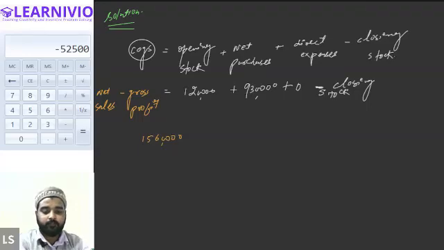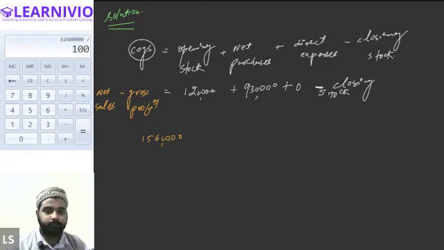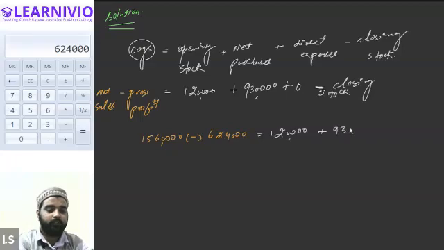That means out of 15,60,000, 40% is the gross profit. That means 6,24,000 is the gross profit. Reduce 6,24,000. And on the other side of the equation, we will write down 1,20,000 for the opening stock. Then net purchase is 9,30,000. And the balancing figure will be the closing stock.